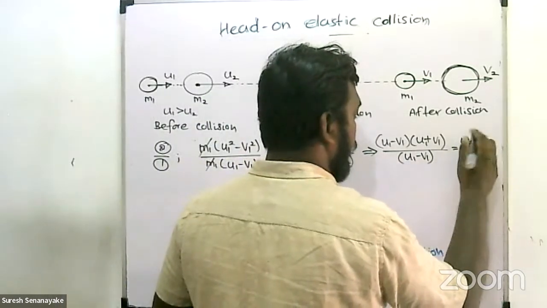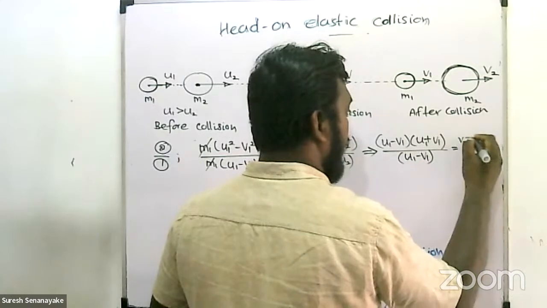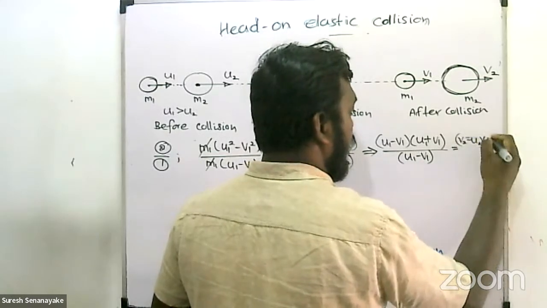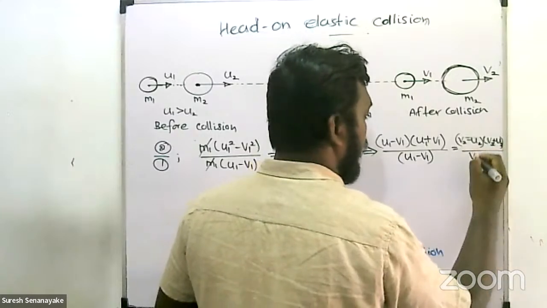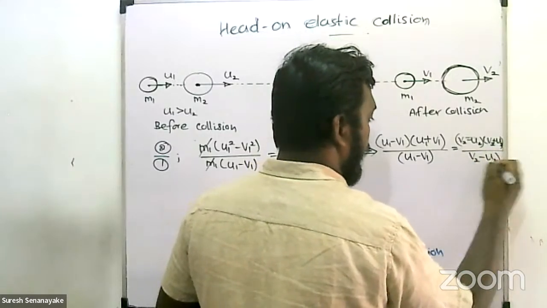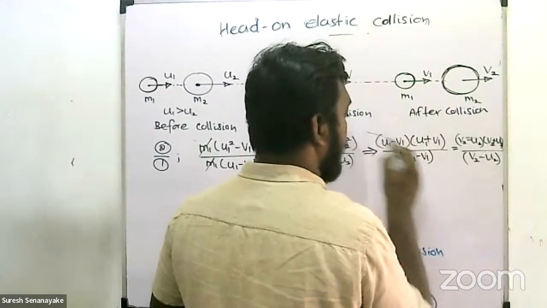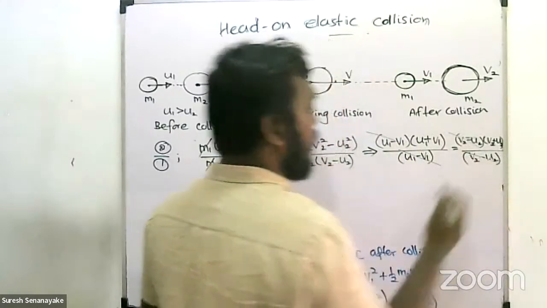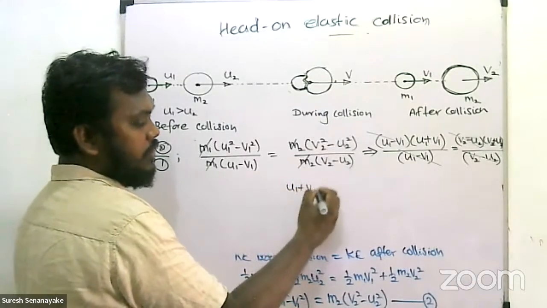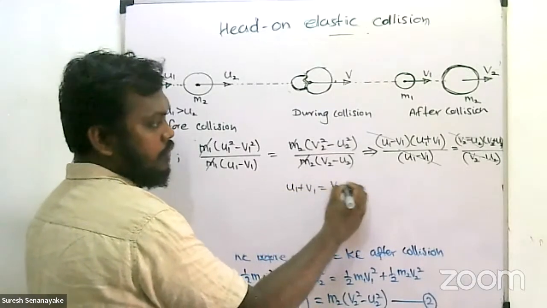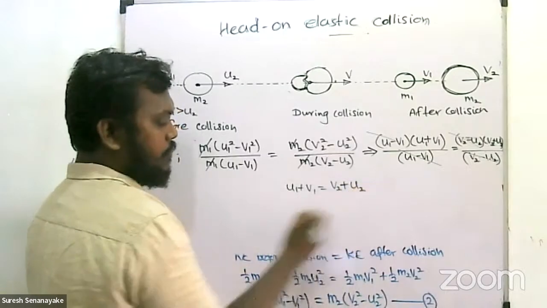Here also (v2 minus u2)(v2 plus u2), divided by v2 minus u2. So this will cancel. So the remainder is u1 plus v1 equals v2 plus u2.